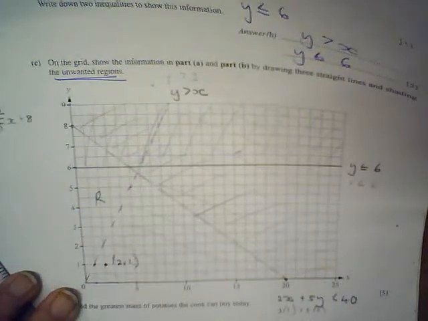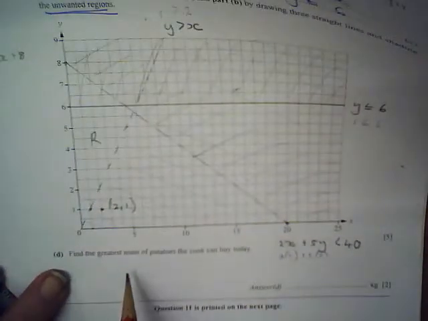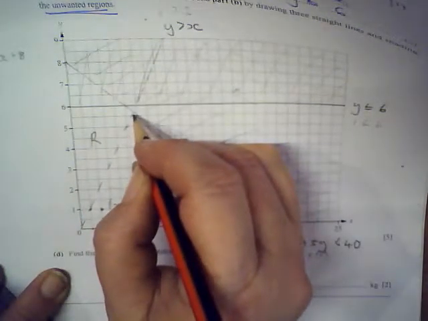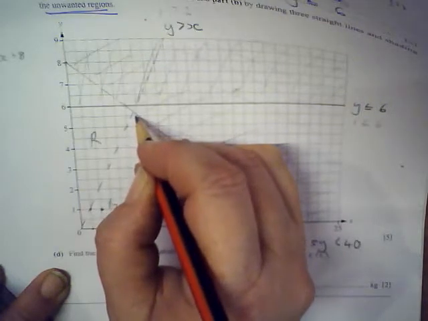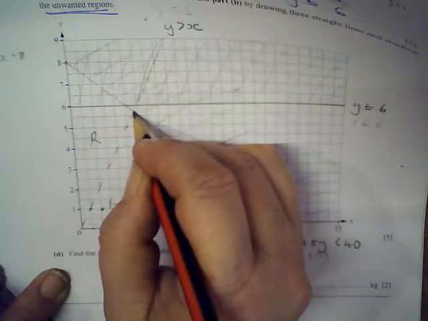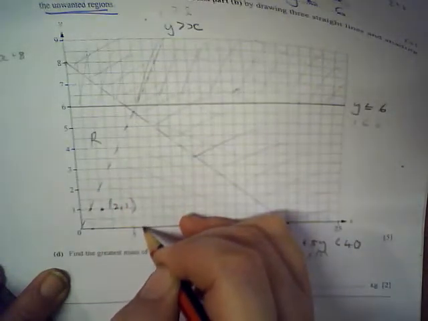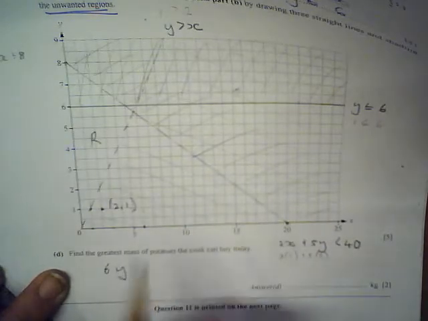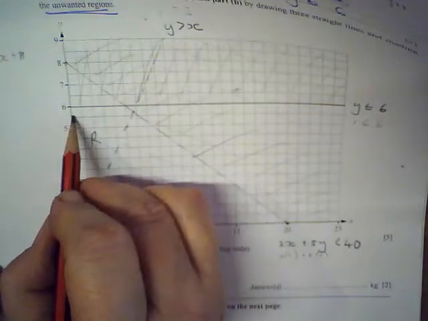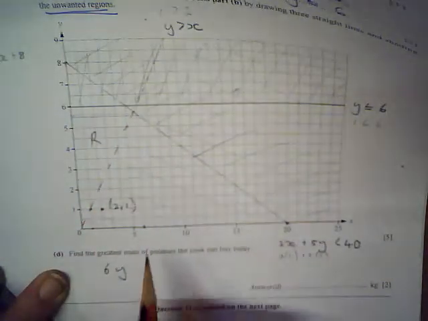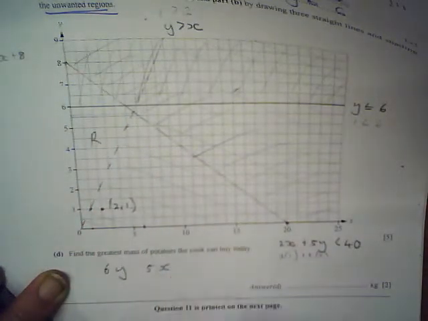Okay, now they ask us, find the greatest mass of potatoes that the cook can buy today. And I'm just going to look at our little region, and so what is that value there? It is 6 in the y, and it is 5 in the x.